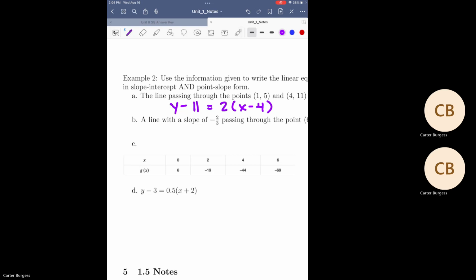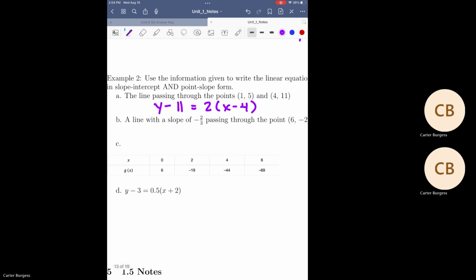Again, the advantage of point-slope form, it doesn't matter where we start. It doesn't matter what that initial point is. We just need one. But you totally could also have y minus 5 and x minus 1, and that would also work. That would also be completely fine.